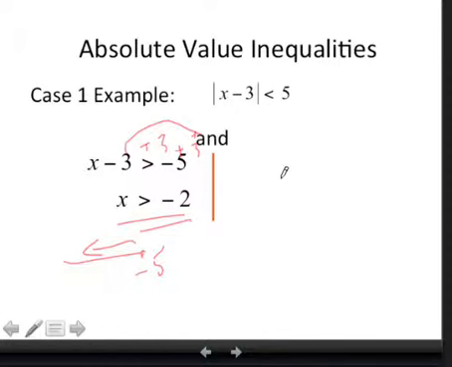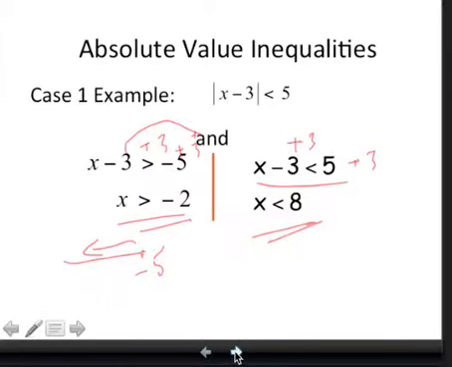Let's look at the other part of the inequality. Here x minus 3 is less than 5, and you add 3 to both sides, it becomes x less than 8. So the final answer is x lies between minus 2 and 8. So x is greater than minus 2 and x is less than 8.